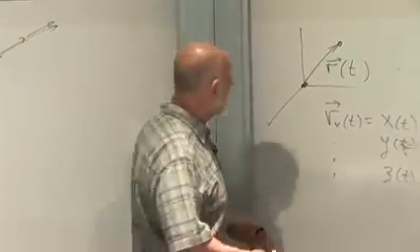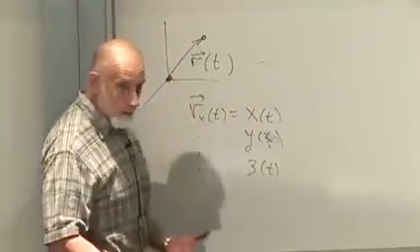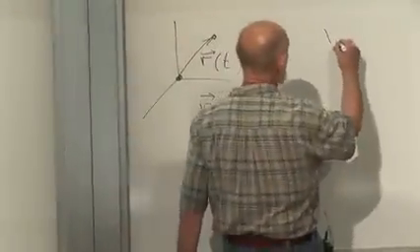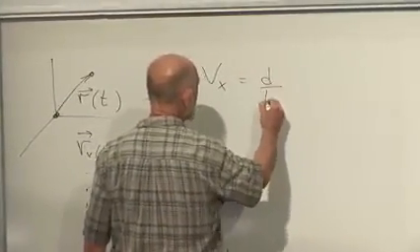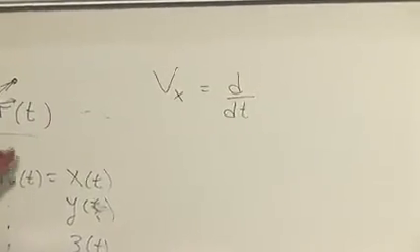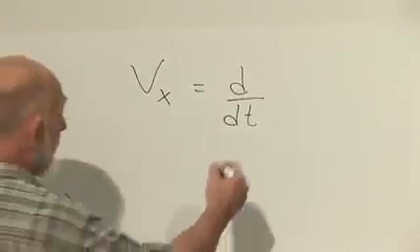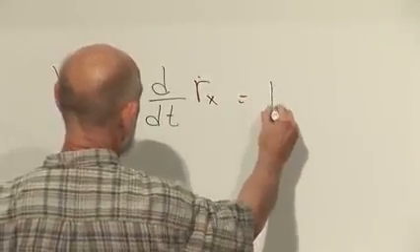So we can write that in a number of ways. We can, first of all, say that the component of the velocity along the x-axis is the derivative with respect to time of the x component of the position, or we can write it either as r sub x, or we can just write it as dx dt.